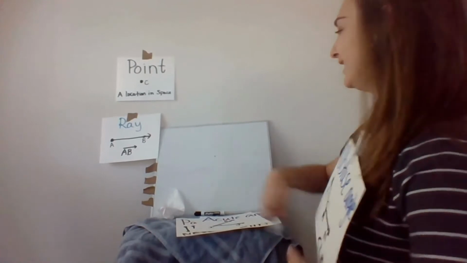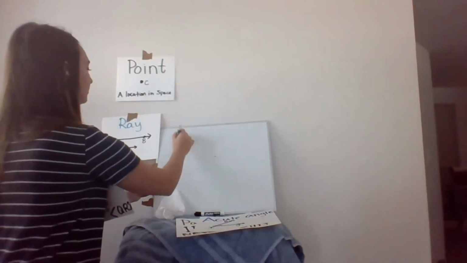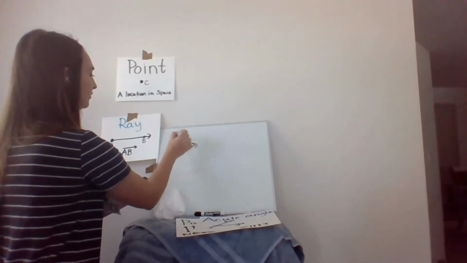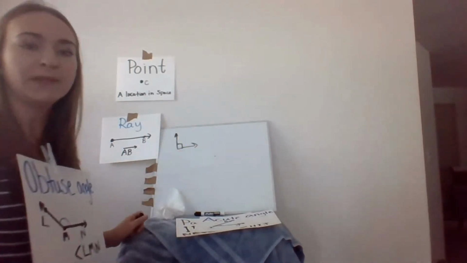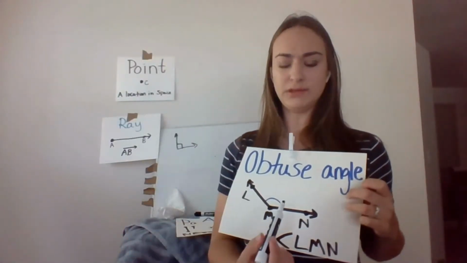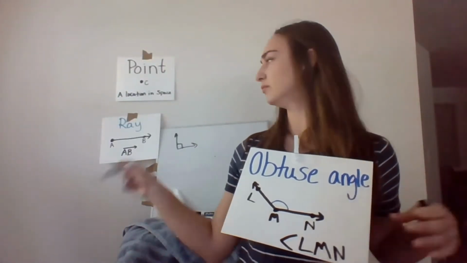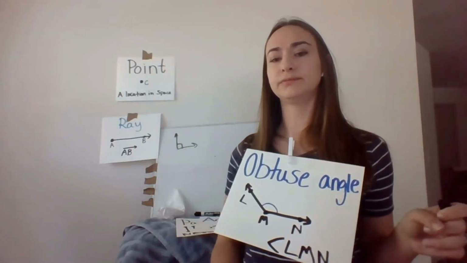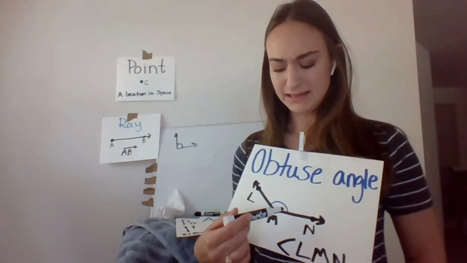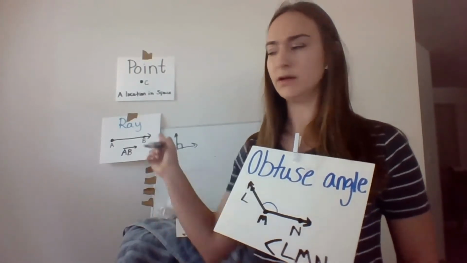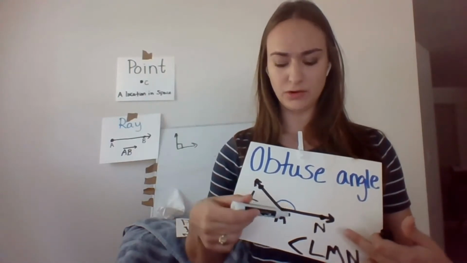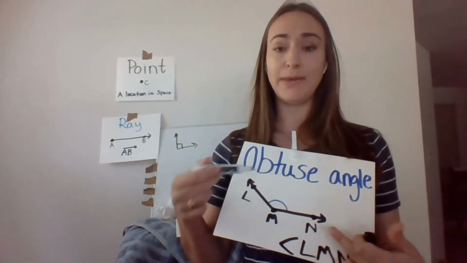If this was our right angle, and we always show it with that little square, what is different with my obtuse angle? What do you see different? I notice that, hey, this does not have that little square like this one did. It's way larger. It's a bigger angle.